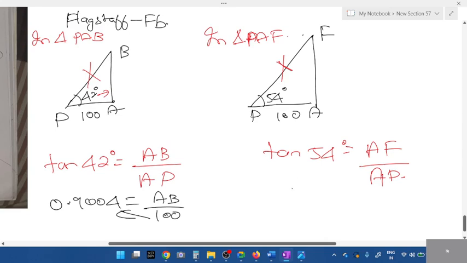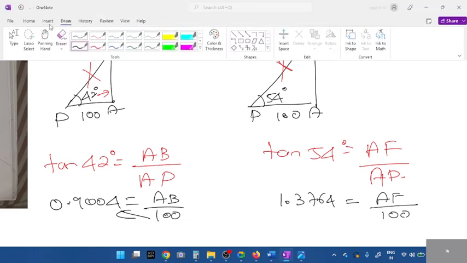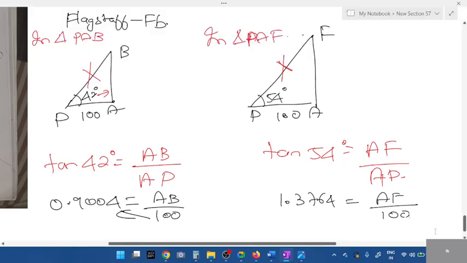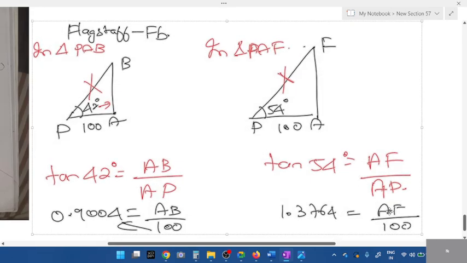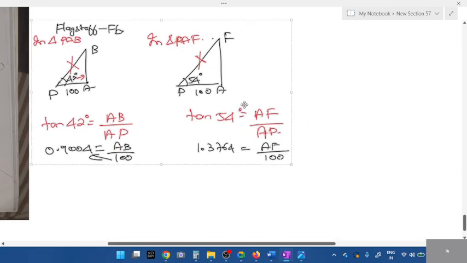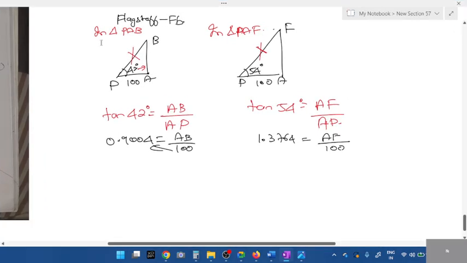What is tan 54, Naomi? 1.3764 equals AF divided by the base 100. Next, AB is equal to 100 multiplied by tan 42. What's the value? 90.04. And AF is equal to 137.64.